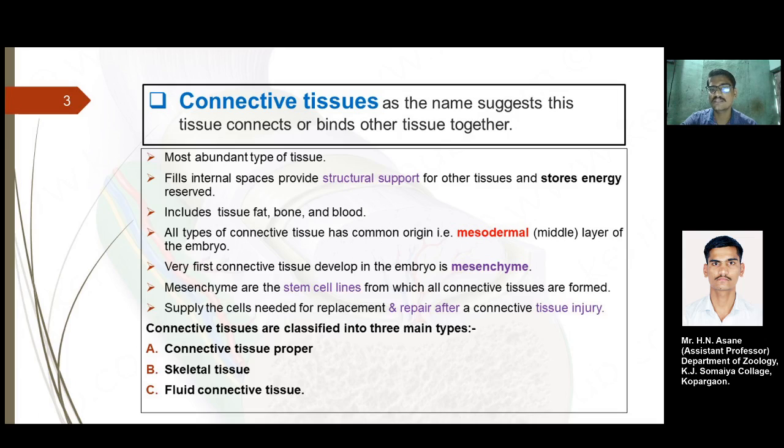I'm talking about injury to connective tissue, and this injury is repaired by the mesenchymal parental or stem line cells. Connective tissues are classified into three main types. We are going to see in detail the connective tissue proper, the second one is skeletal tissue, and the third one is fluid connective tissue, that is the blood.